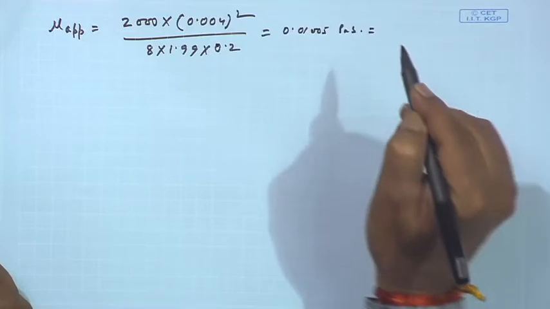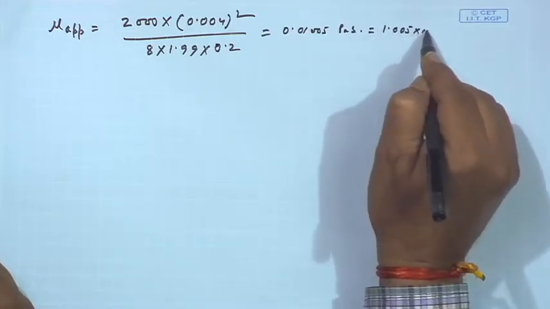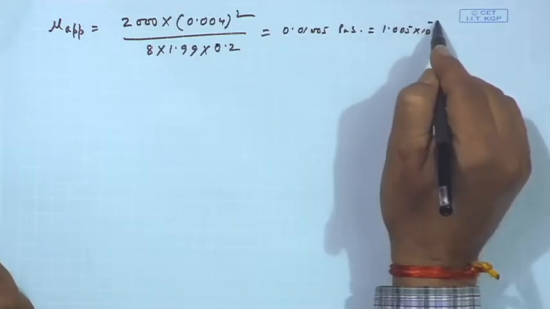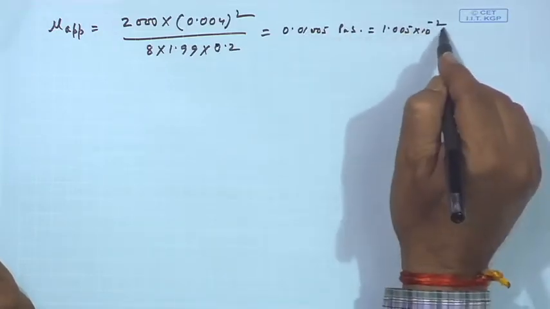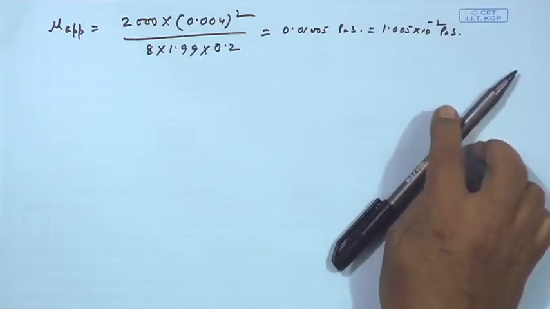So that can be said 1.005 times 10 to the power minus 2 Pascal second. So mu apparent, right?